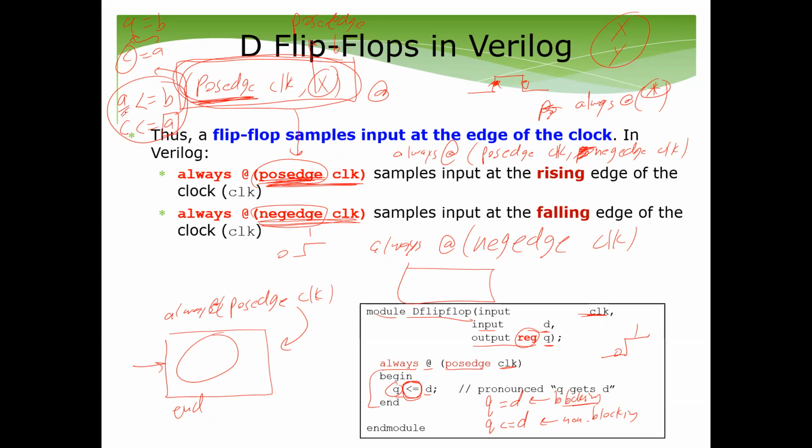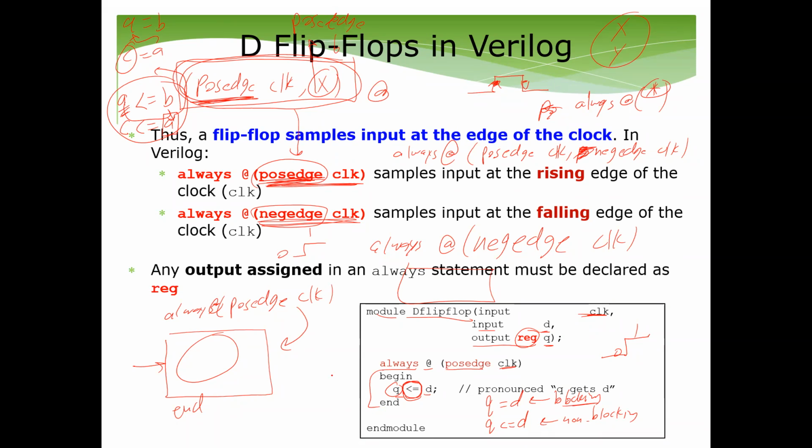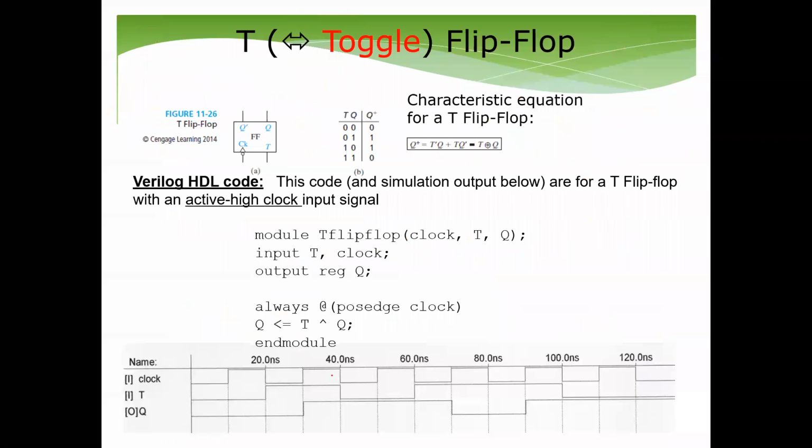So the change that happens to A here will not be reflected in this value. That's why it's called non-blocking. Okay, that's it for the D flip flop.